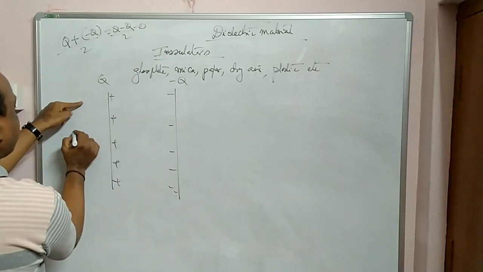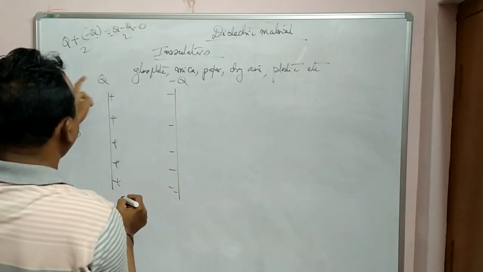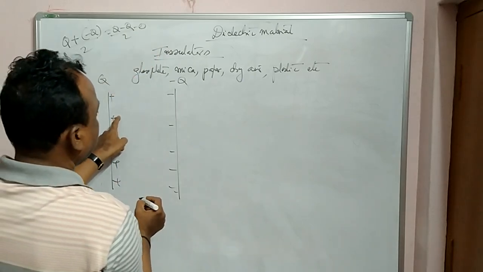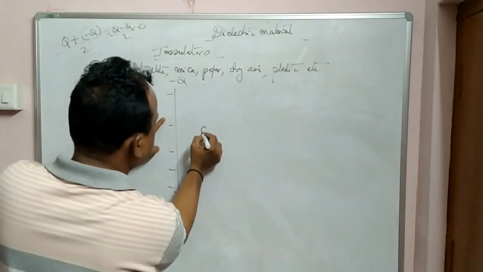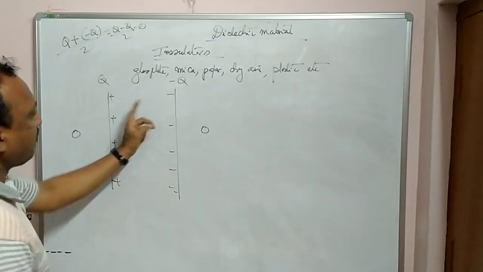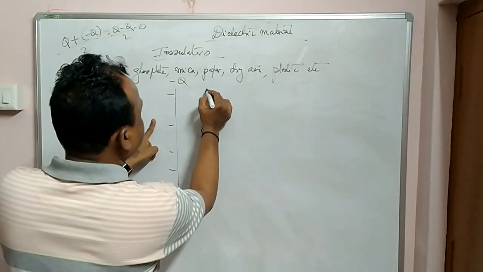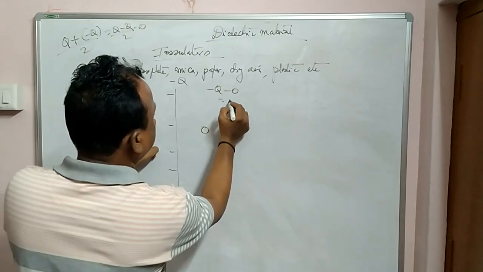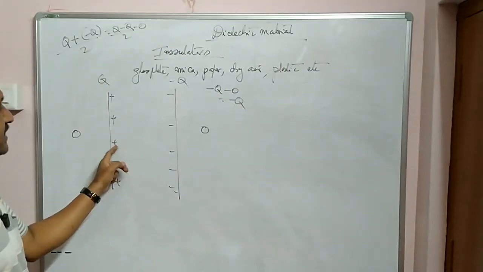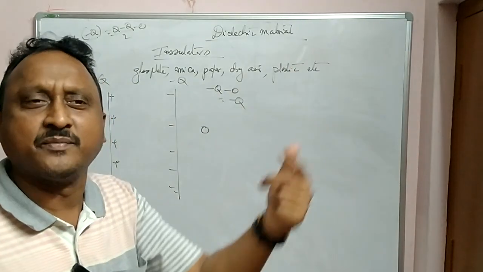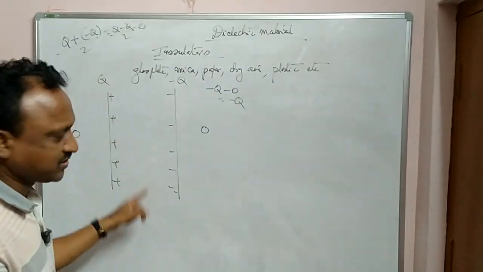So outside values are 0. Inside, q minus 0, q plus q. Similarly the opposite side: outside it is also 0, and inside minus q minus 0, that is minus q. So here inside, both will be on opposite sides. I already told you in the previous classes, this is how the distribution goes.